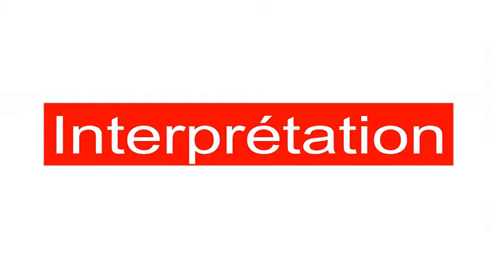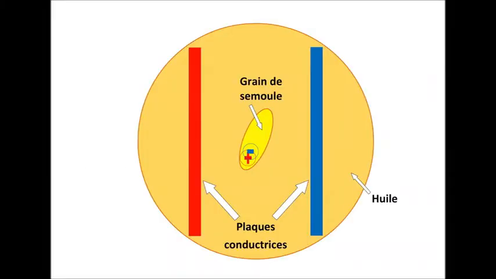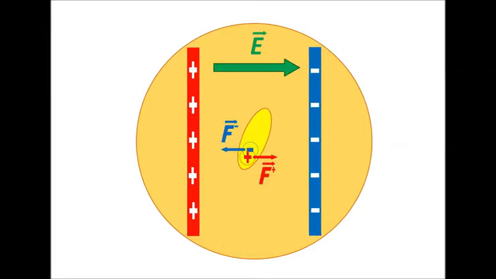Interpretation. In this illustration, consider a semolina grain at the surface of oil and between the two parallel conducting plates. When the plates are subjected to an electric voltage, an electric field E appears between the plates.